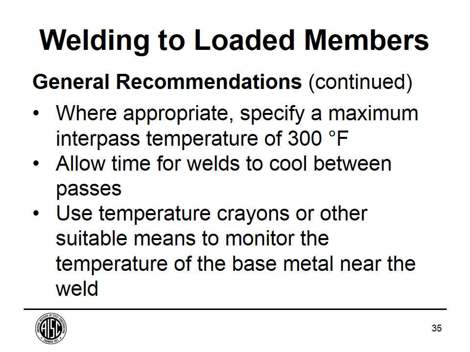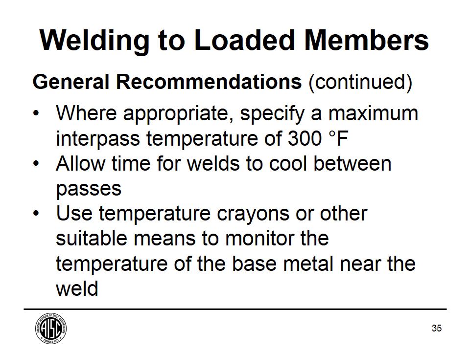Now, these three items, we're continuing with general recommendations. This slide shows three related items, and it's all related to the interpass temperature. If you're welding thin material, half an inch or so, you may want to set your maximum interpass temperature to 300 degrees Fahrenheit. Now, this is all shown on the WPS too.